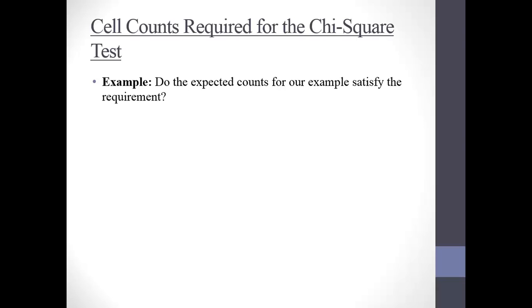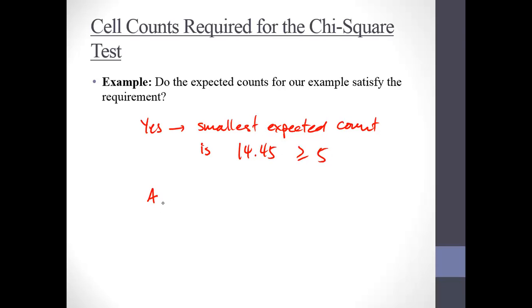So have we satisfied our conditions here for this example? Well, yes, of course we have. The smallest expected count is 14.45, I think, which is bigger than 5, and we do have that random sample that was stated in the first part of your notes.